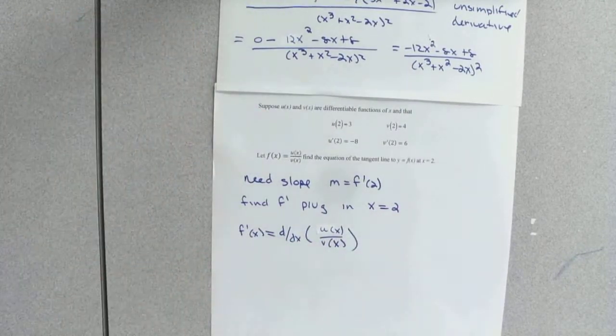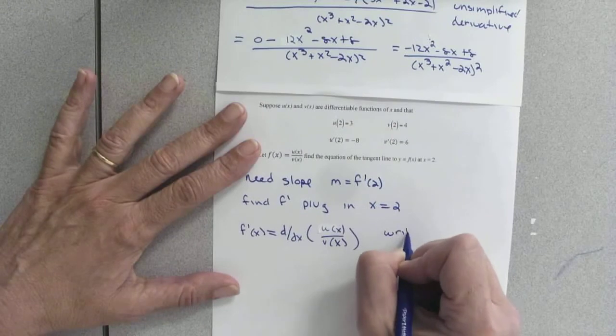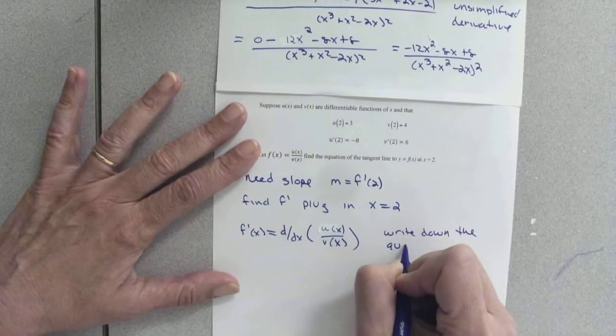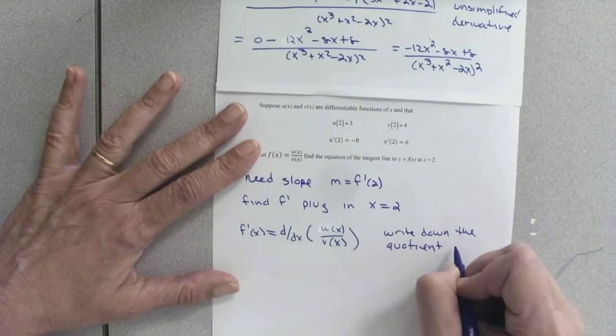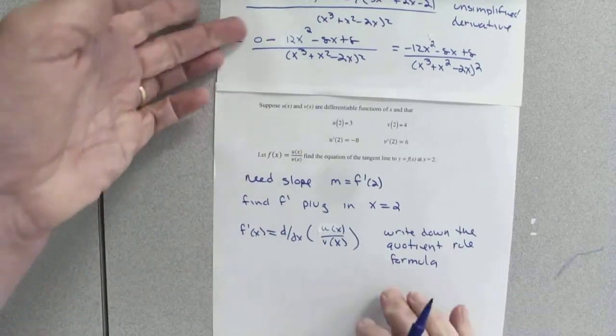That's all we know about f. And so all I can do here is just write down the quotient rule formula, because I don't know what u and v really are.